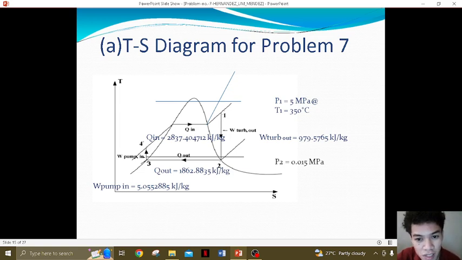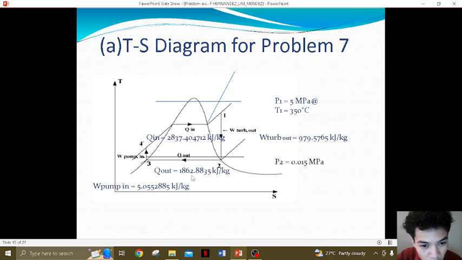So for the TS diagram, you have the same thing. Here you already have your answers. So you have the heat going in, Q in, 2837.404712 kilojoule per kilogram, and also the work turbine out, which is 979.5765 kilojoule per kilogram.